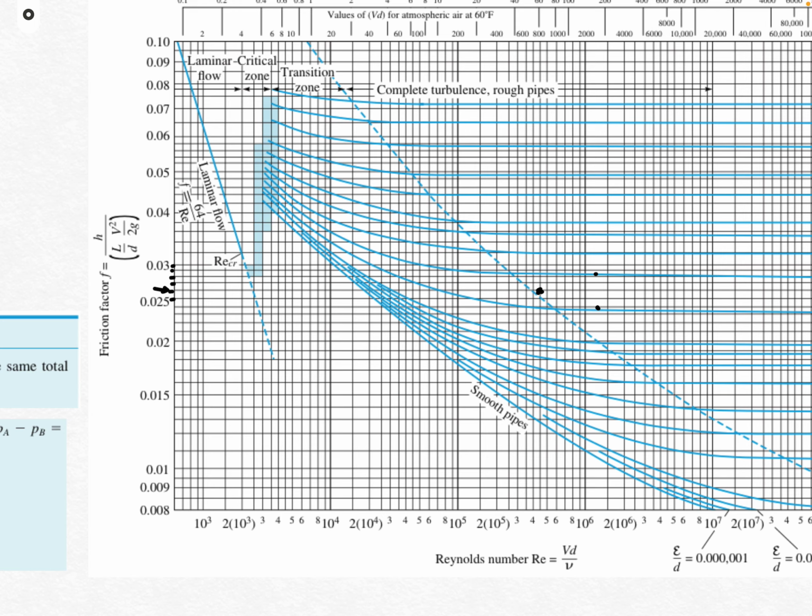Remember, this was 1 times 10 to the 5th, 1.5, 2, 2.5, 3, 3.5, 4, 4.5, and so on. So we're going to be just over 2.5, right in this area. If we trace that up to where we were looking, sure enough, we are in this zone where we have a transition from fully smooth down here to fully rough up here. And so we do in fact need to iterate again.